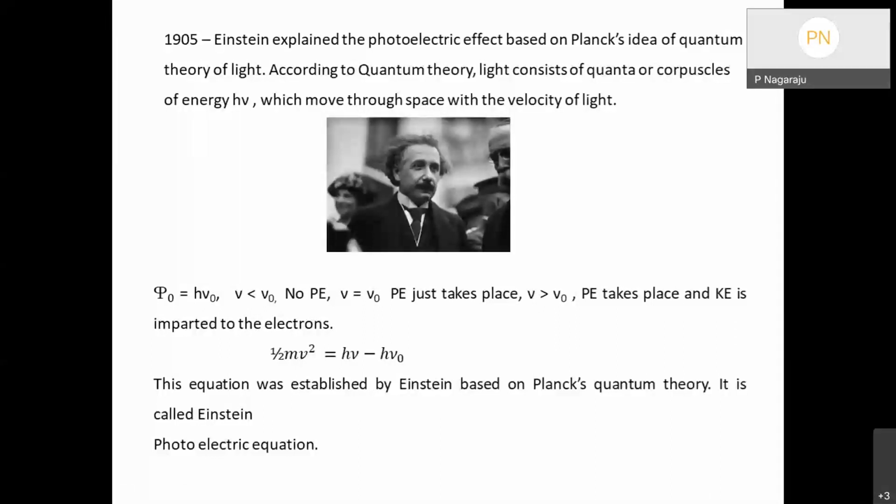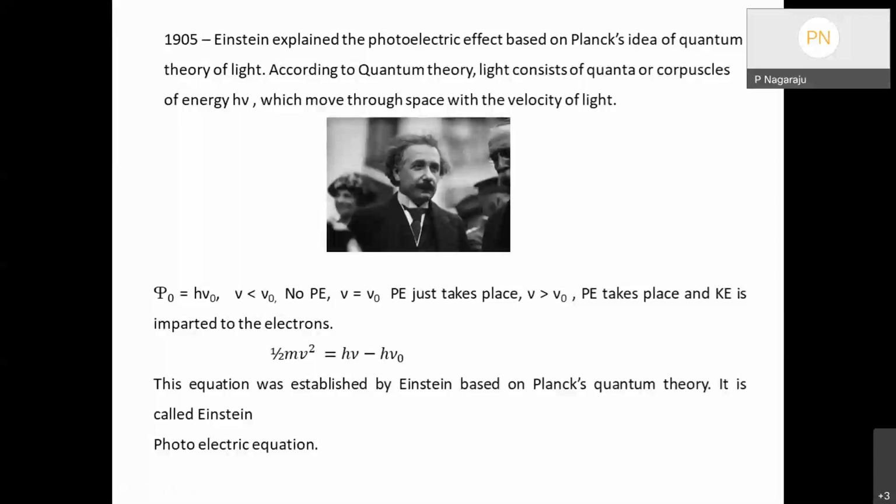The previous speaker, Professor Shivananda Kanavi, was mentioning Einstein. In fact, in the year 1905, Einstein explained the photoelectric effect based on Planck's quantum theory of light. I told you that Planck's quantum theory of light was introduced in the year 1900.